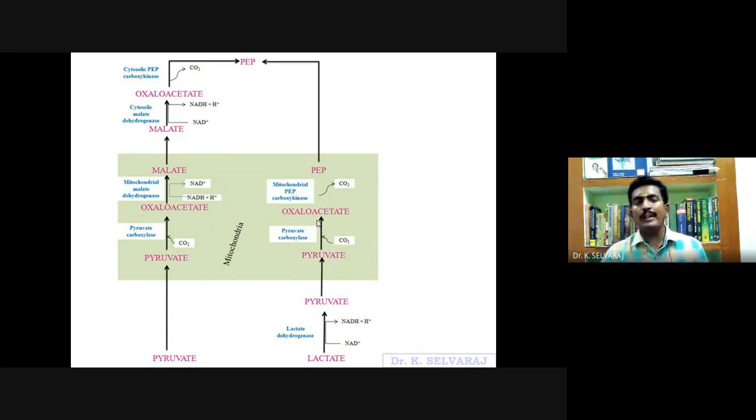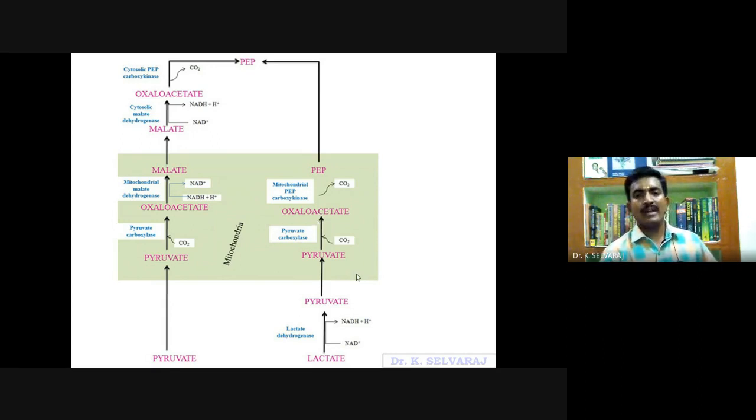These two enzymes are controlled by different genes present in the nucleus, that is, by the nuclear genome. Depending on which molecule is present in the cell, these genes are activated and the enzymes produced, and whether phosphoenolpyruvate is synthesized in the mitochondria itself or in the cytosol depends on which type of precursor is involved.